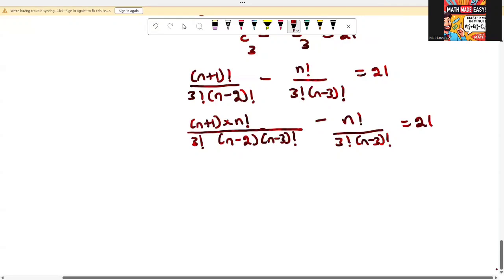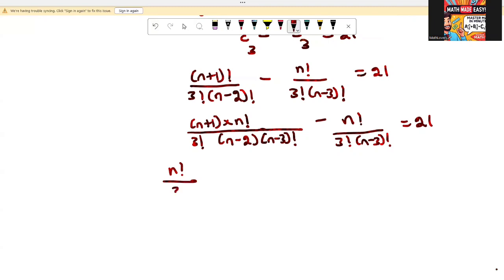Okay, so at the moment, I understand I can be taking this n factorial by 3 factorial common. So what I'll be left with is n plus 1 by n minus 2. And also I have this n minus 3 factorial common.